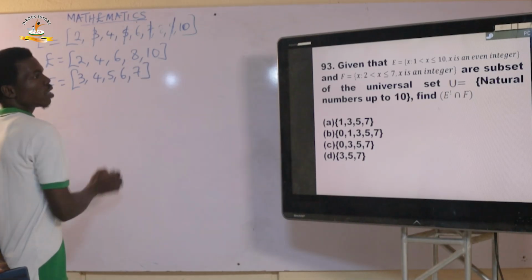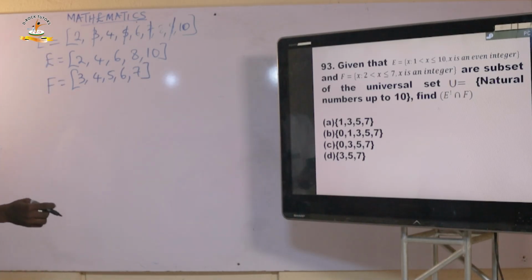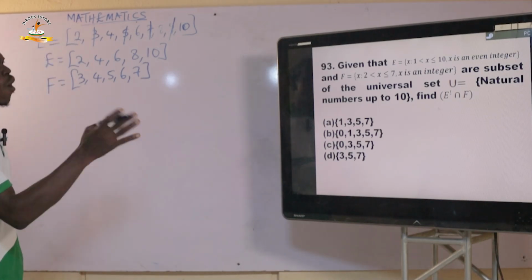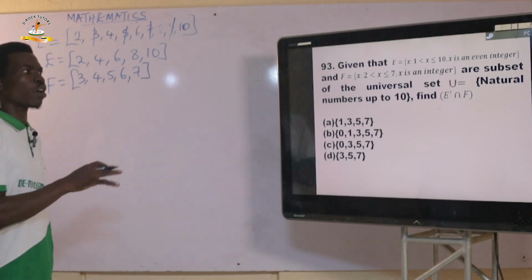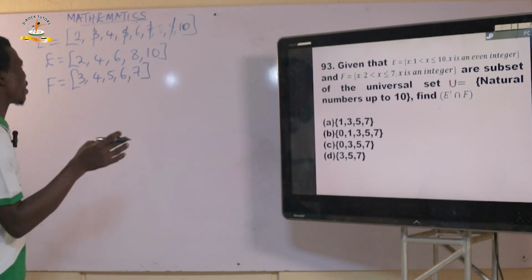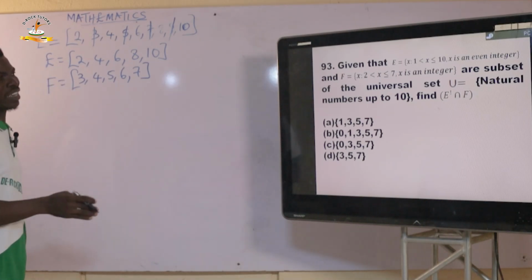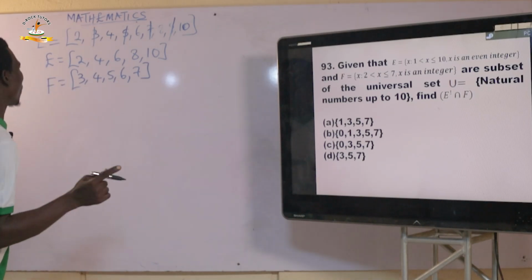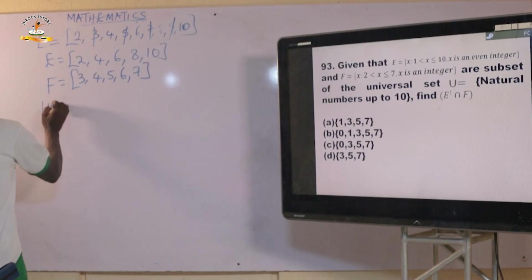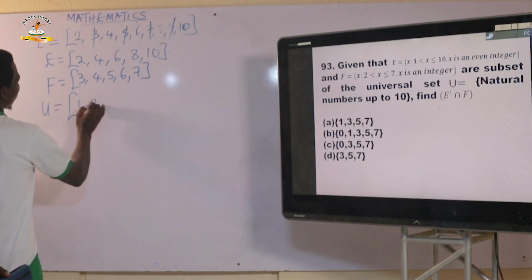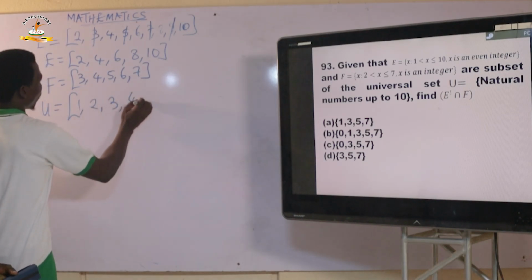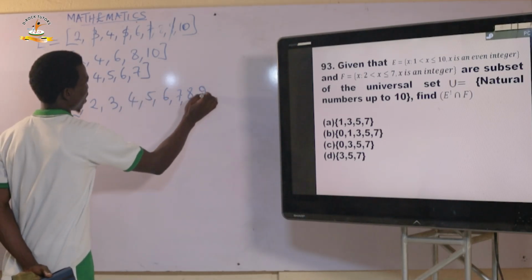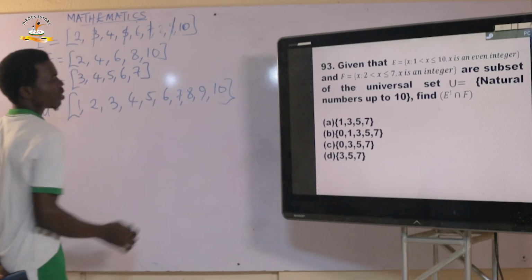And the question now says they are all subsets of the universal set of all natural numbers up to 10. So our universal set is 1 to 10. Find E prime intersection F. Don't forget our universal set is equal to 1, 2, 3, 4, 5, 6, 7, 8, 9, 10.